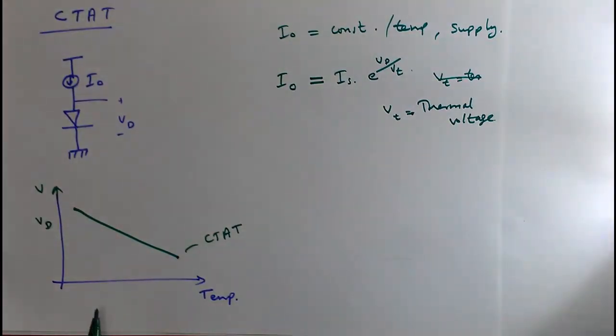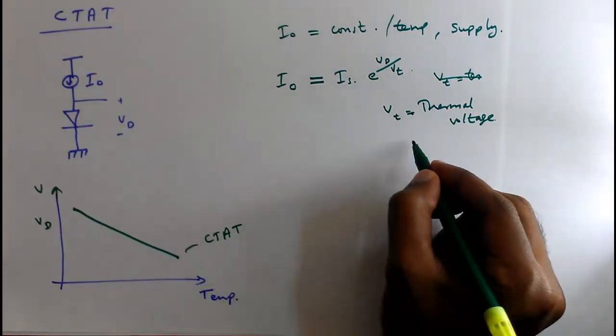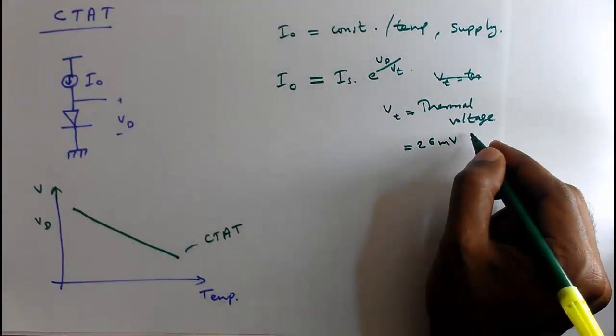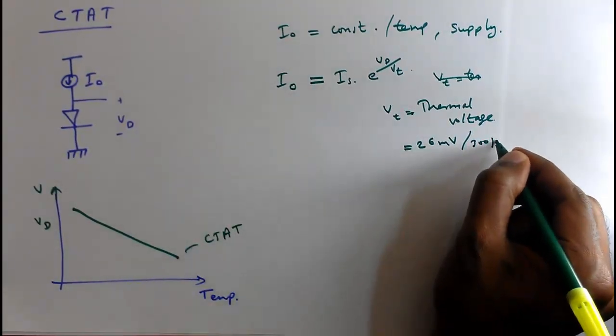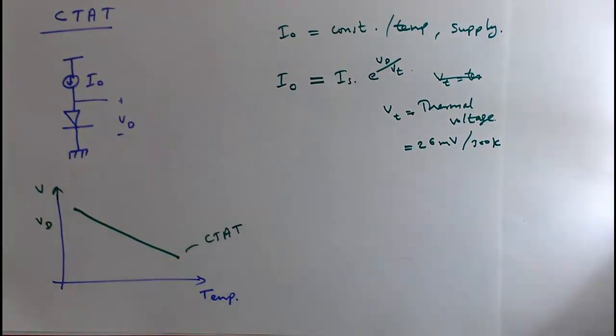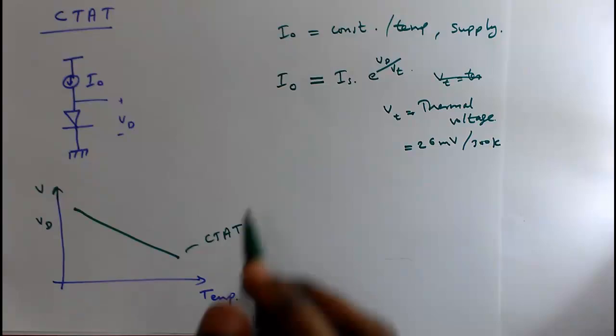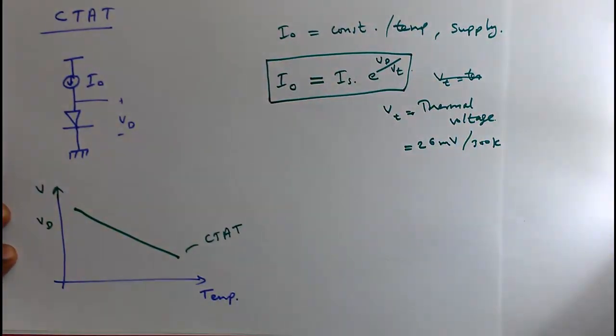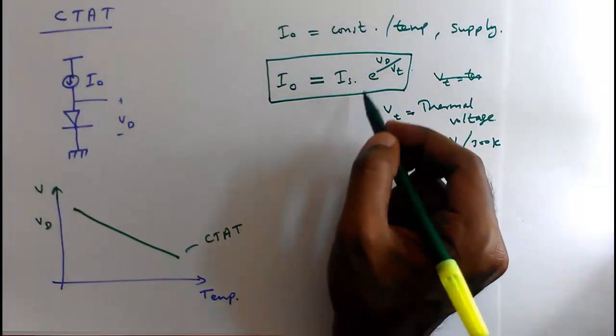It is not the threshold voltage of a MOSFET, it is the thermal voltage, and its value is 26 millivolt at 300 K. Is is the reverse bias saturation current or scale current, and Vd is the voltage across the diode. So this is the basic equation for the diode current, and from this we can derive the voltage.